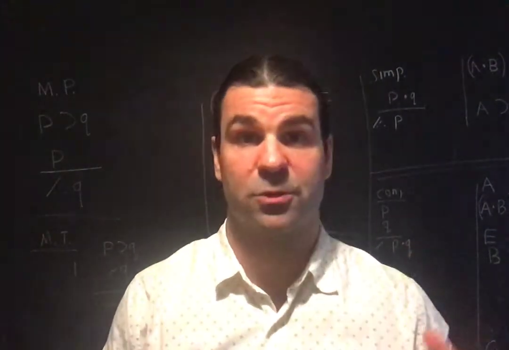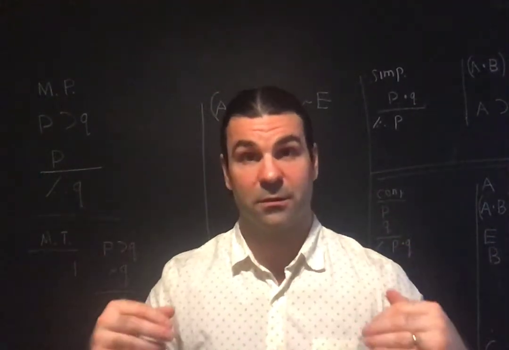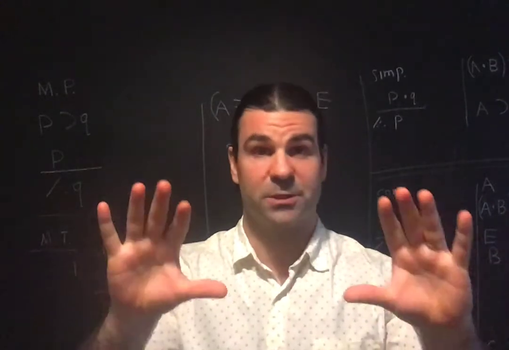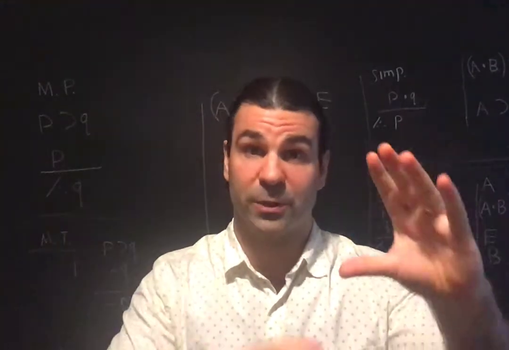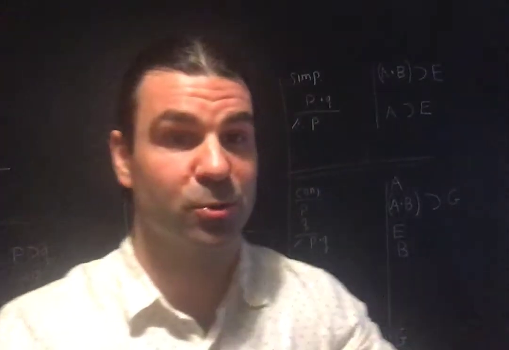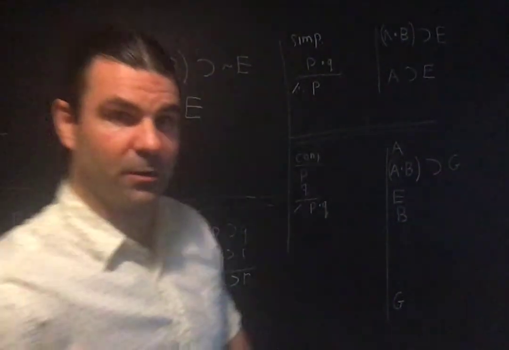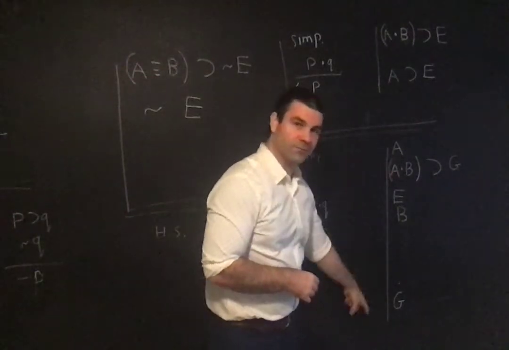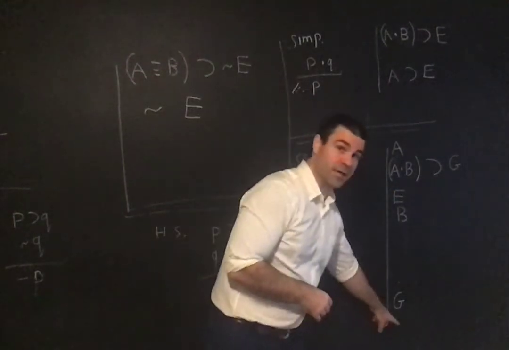Do all those to work yourself up to knowledge of the rules, but your assessment will be actual proofs, and I'll give you the definition in a moment. You'll be given a set of premises and a conclusion, and it will be your task to write down the set of premises like this, on a vertical line, putting the conclusion at the bottom.